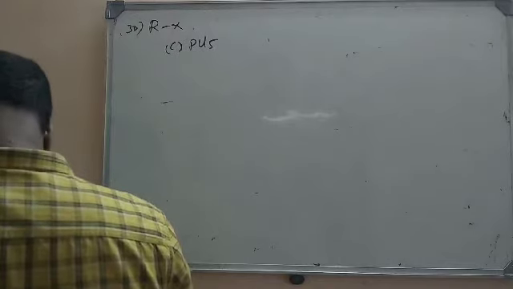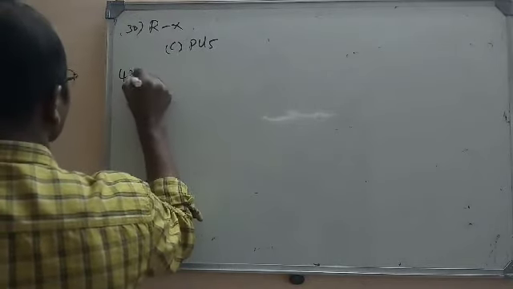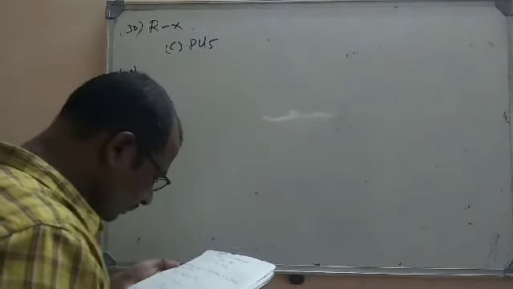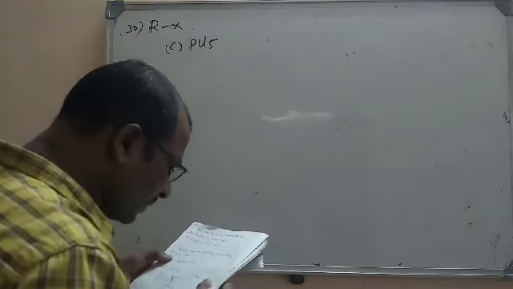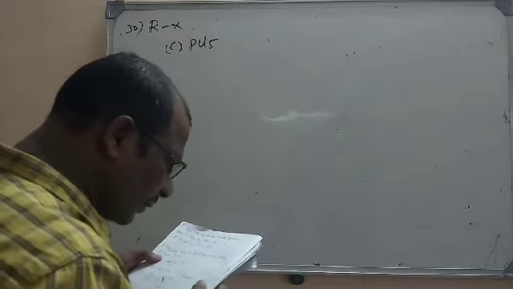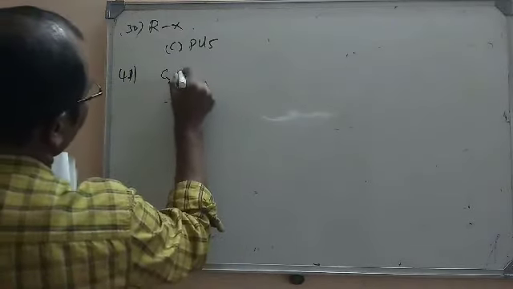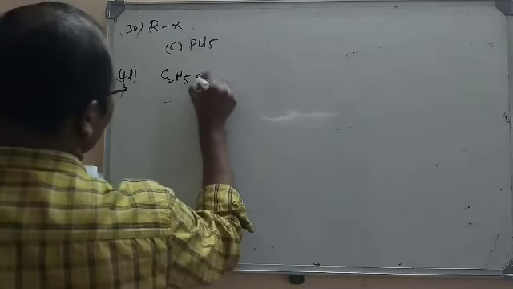Question number 41. Ethyl alcohol reacts with thionyl chloride in the presence of pyridine to give what?